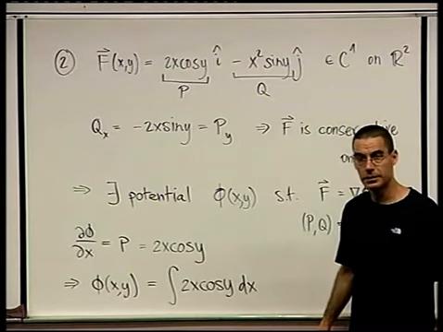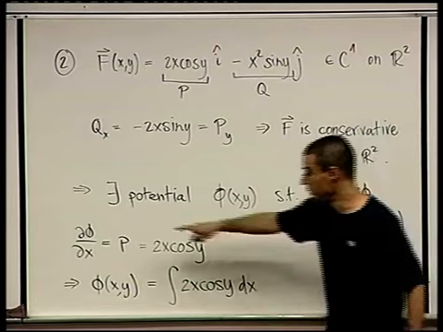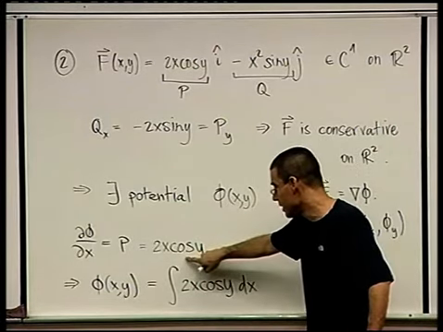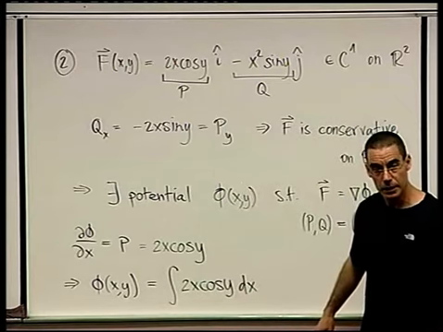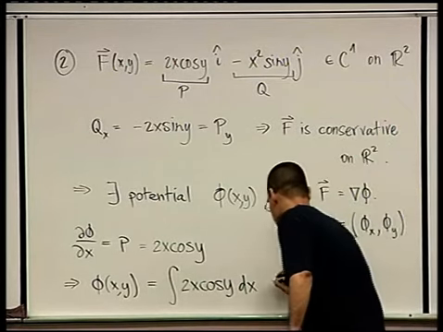Do you agree? Because this is the derivative with respect to x, therefore the antiderivative with respect to x is going to be the function. Clear? So let's see what we get.